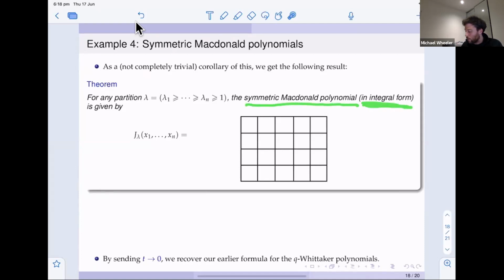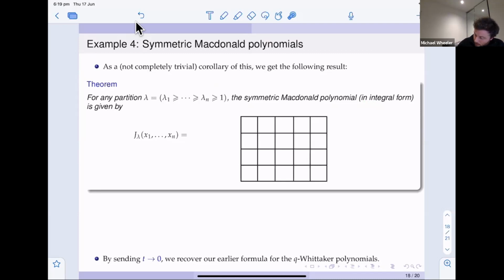So integral form, this is sort of celebrated form for the Macdonald polynomials in algebraic combinatorics. That is precisely the form where you get, for example, Macdonald positivity conjecture, which has now been proved. So somehow the fermionic formula is really the natural one for getting the integral form of the symmetric Macdonalds.